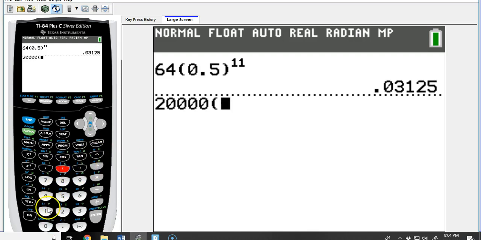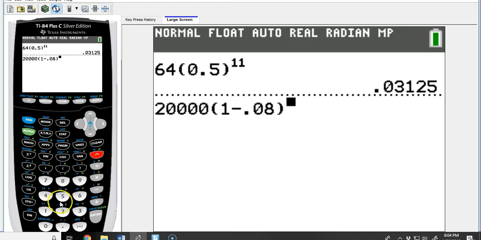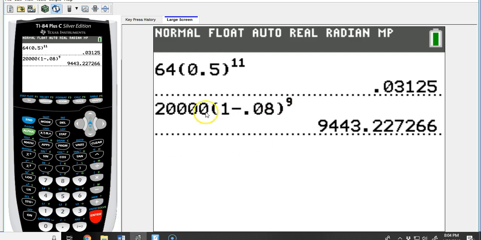All right. I'm going to do 1 minus 0.08. I could have also just done 0.92 raised to the 9th power. So that $20,000 that they invested is now less than half. It's $9,443.23.